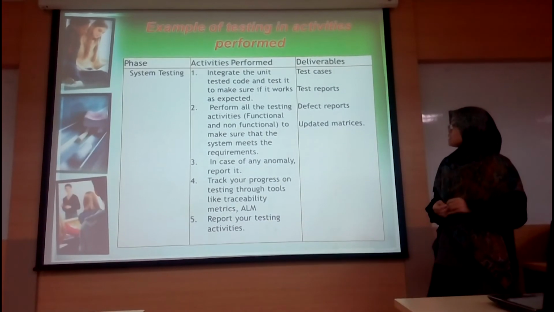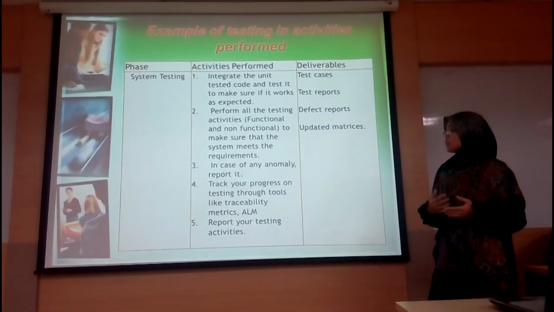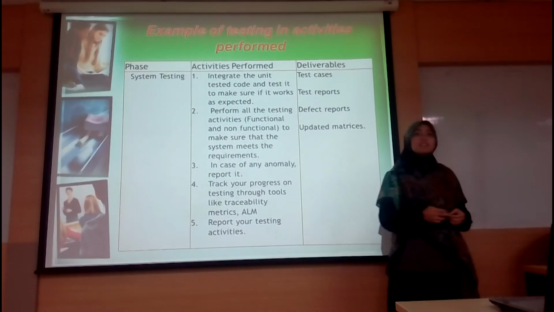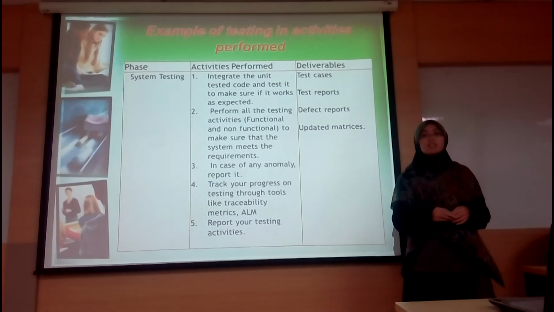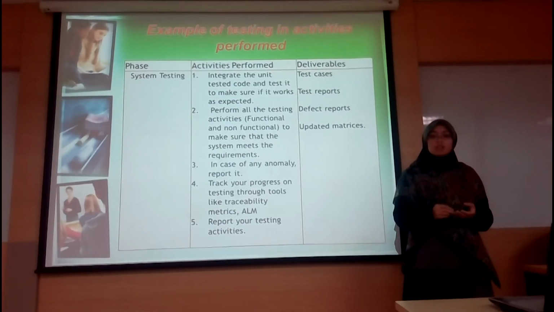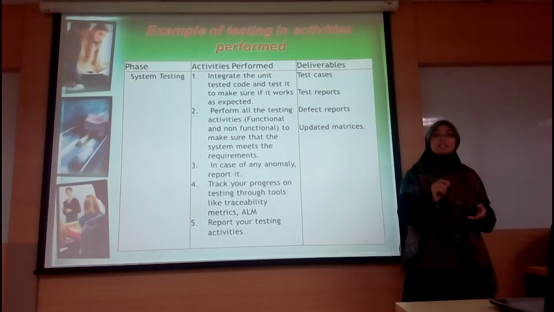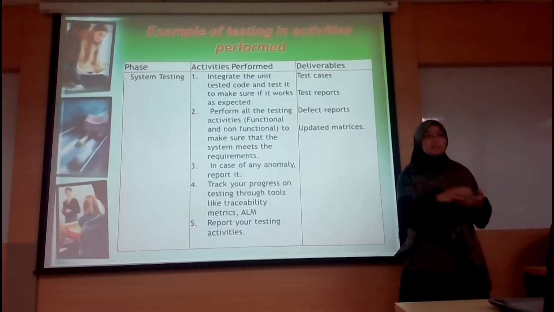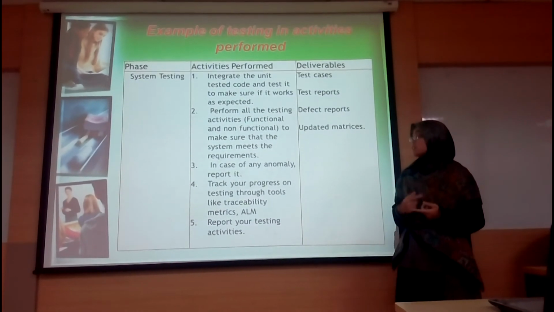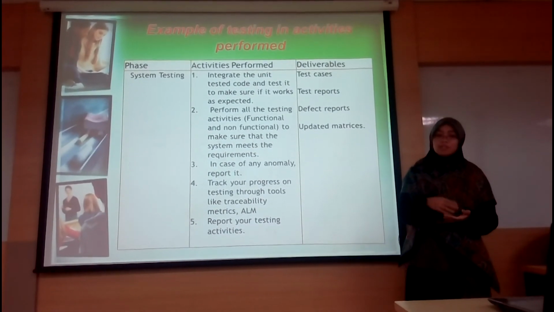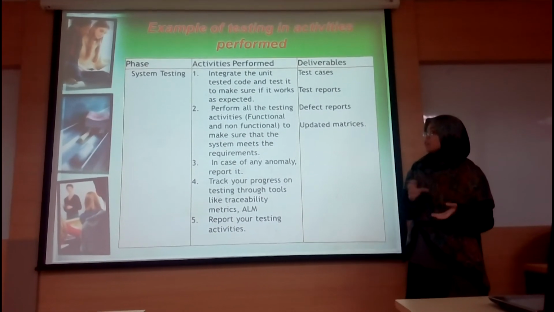Okay. The third one is, in case of any anomaly, report it. Any case of anomaly means that if there are some problems with the system, the tester, which may be an independent tester or within the team itself, should report all the problems that arise in a document.